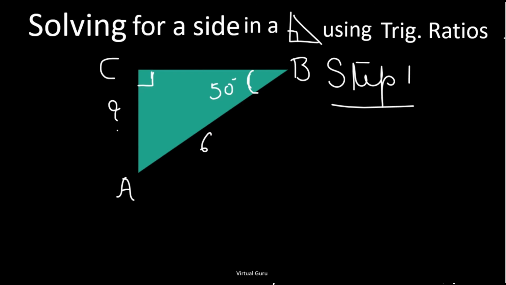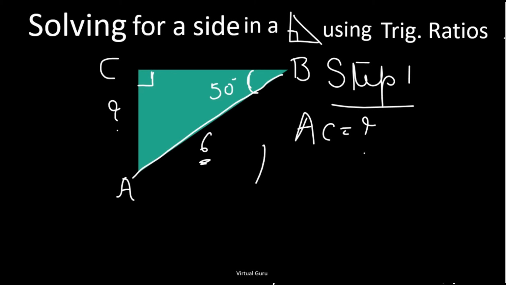Note that we can also use the length of the hypotenuse, 6, since this is the length given in front of the right angle. This side is called the hypotenuse, and we can use it in our sum to find the side AC. We have to find the side AC.